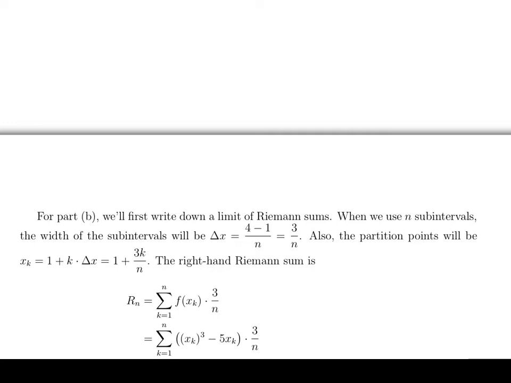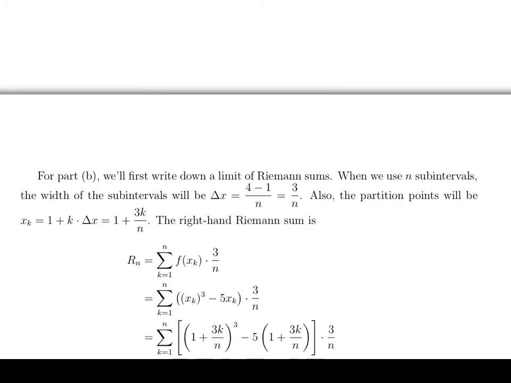Now what I really want to do is plug in these values for x sub k. When we do that, we get a sum that looks like this. Keep in mind, we haven't taken a limit yet. We're just computing what R sub n is. This is the right-hand Riemann sum for n subintervals.